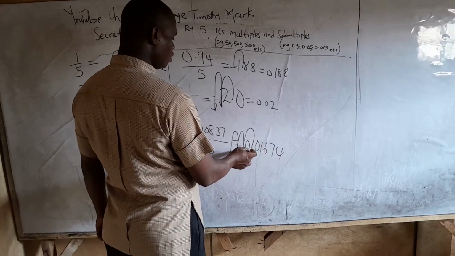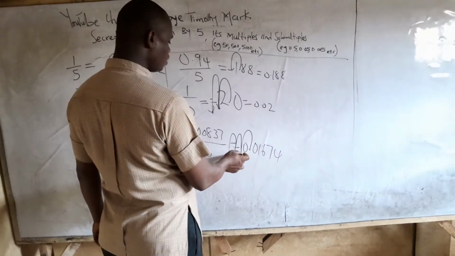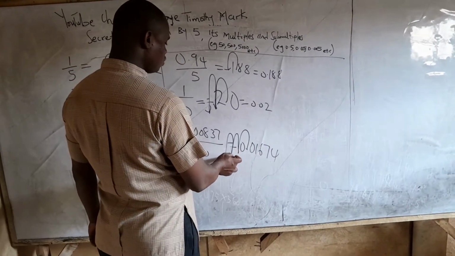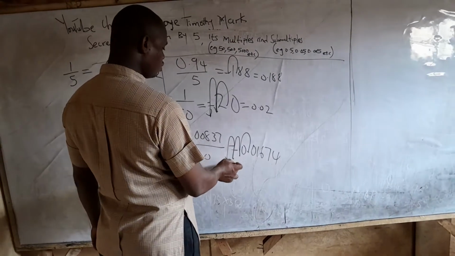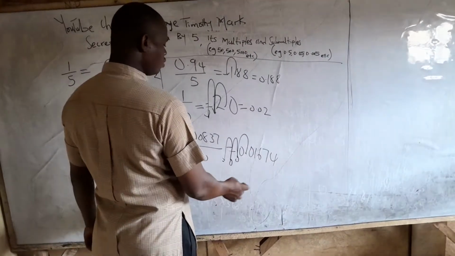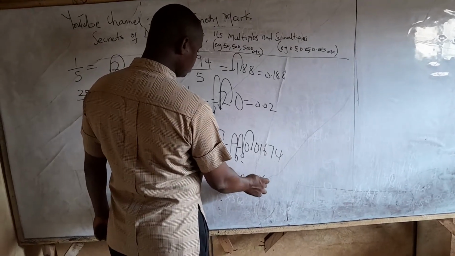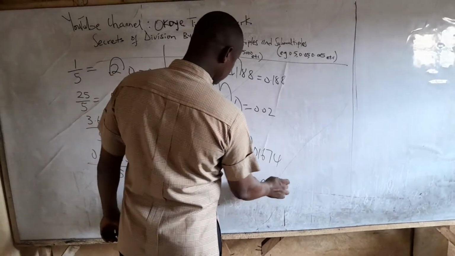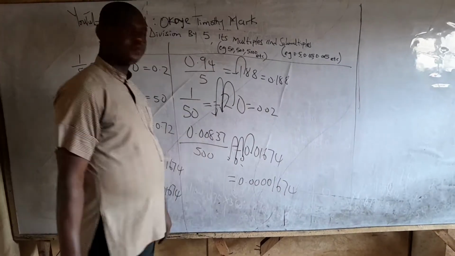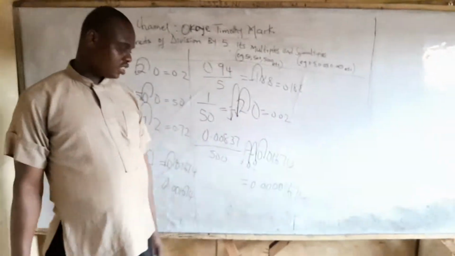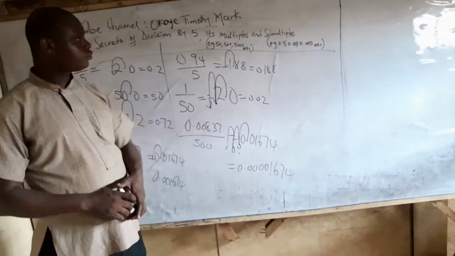So the answer becomes now 0.00001674. If by 5,000, you shift through the number of decimal places.